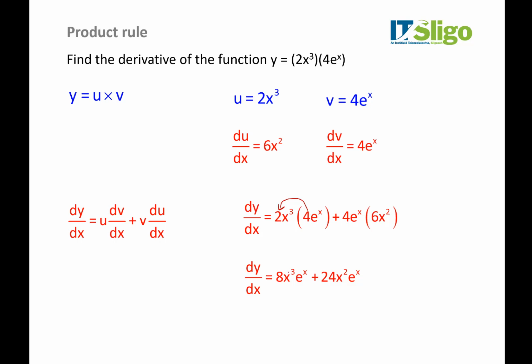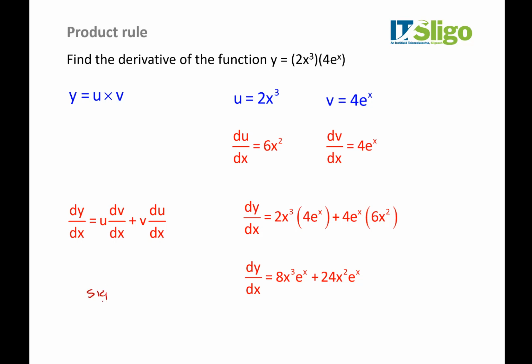Always write x first whenever you write an expression. Don't write it 8e to the power of x, x cubed. X gets priority. The sign comes first, then the number, then the highest power in x, and then any functions in x. That's the order in which you write anything.